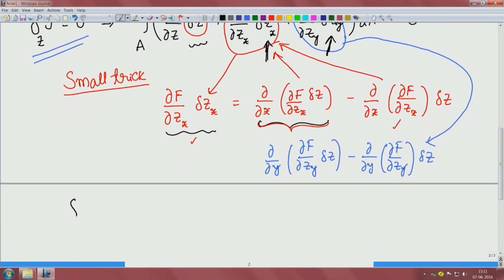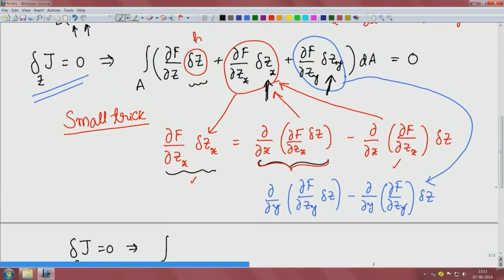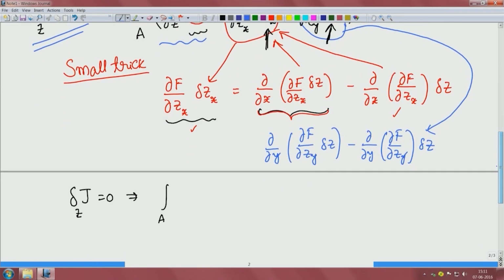So, the variation of delta z with respect to the z function equal to 0 will now have the integral over the domain A of dou f by dou z, that is this term that remains the same. So, we have dou f by dou z into delta z, and then I will take what I am replacing, this and this.